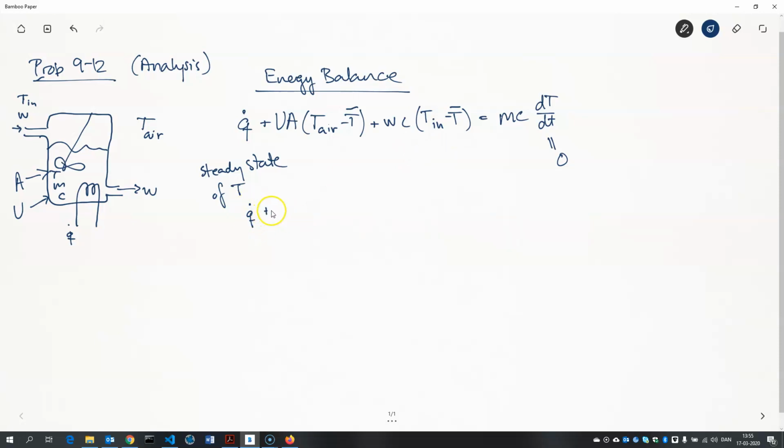First of all, I would like to multiply these terms into the brackets here. So what we get is UA T_air minus UA T bar plus WC T_N minus WC T bar equals 0. And then we collect the T bar terms on the right hand side.